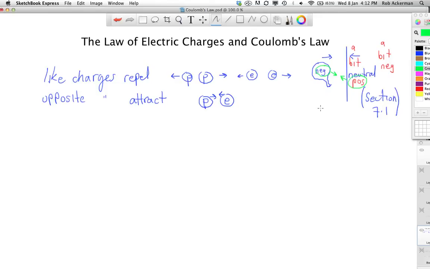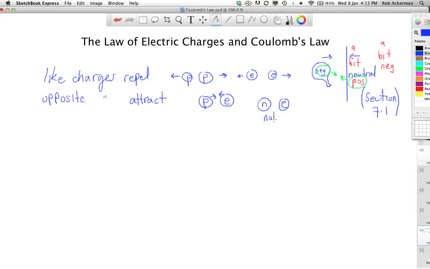So just want you to distinguish between whether we're talking about individual point charges like protons and electrons, or are we talking about extended objects which have a larger charge distribution. Just keep that in the back of your mind in this unit because it will be important. Of course, if you have, for example, a neutron here which has no charge and an electron, there will be nothing.